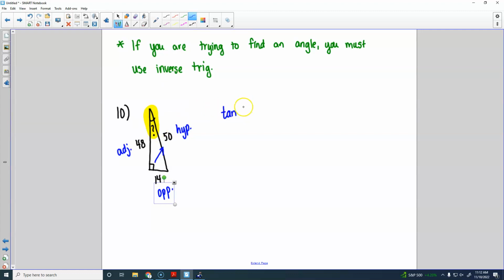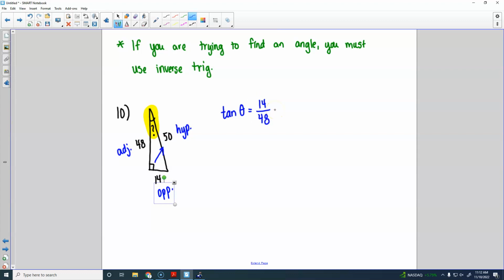I'm going to call that question mark theta. Or you can use an X or an A or a Z, whatever you want. Just put a variable there for it. So tangent is opposite over adjacent. So that would be 14 over 48.